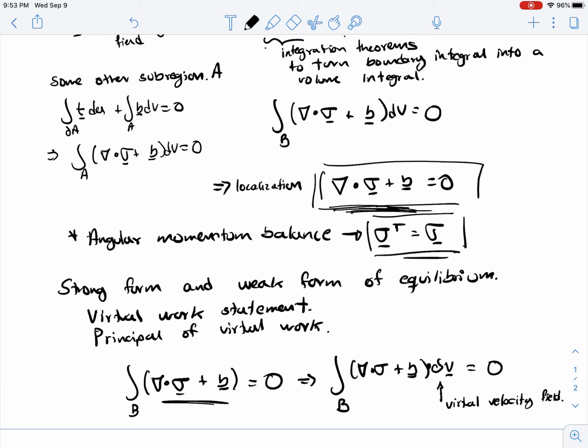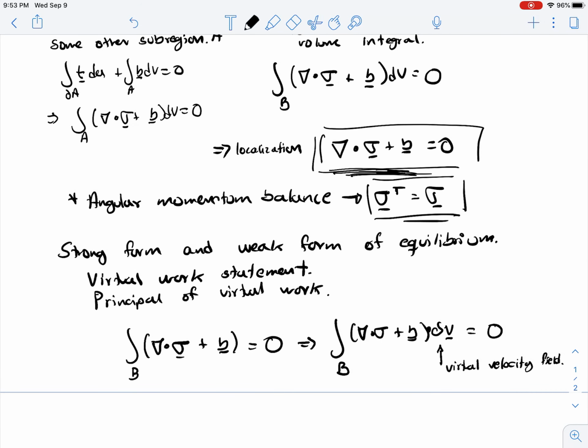If this is 0, then it doesn't matter if I multiply by some arbitrary function and integrate, because delta v is an arbitrary function. As long as this is 0, the product with this arbitrary function should be 0, because it has to be satisfied for any virtual velocity that you pick. In solid mechanics, this is typically called the principle of virtual work.